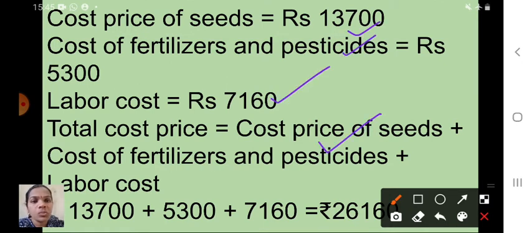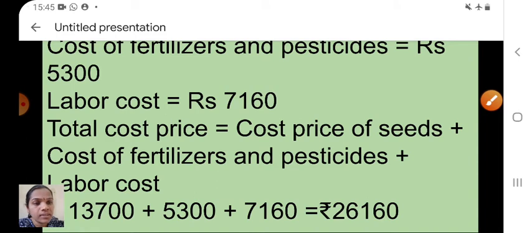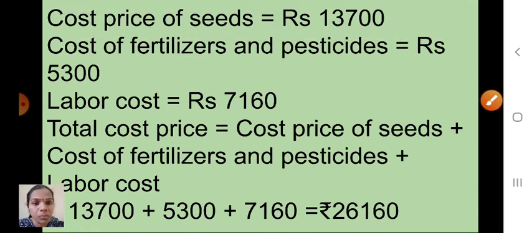Total cost price is what? We have to add these 3 numbers as I told. 13,700 plus 5,300 plus 7,160. So you will get answer is what? 26,160 rupees. Okay, that is the total cost price.